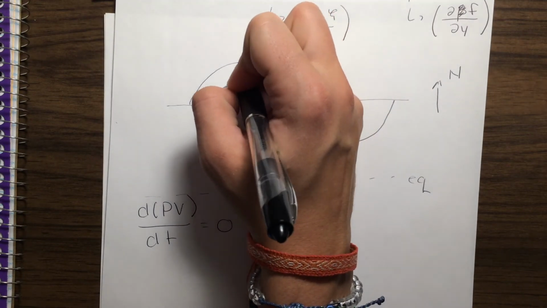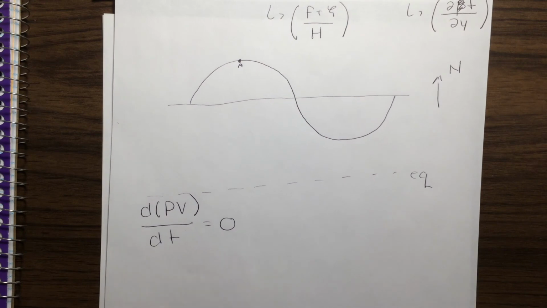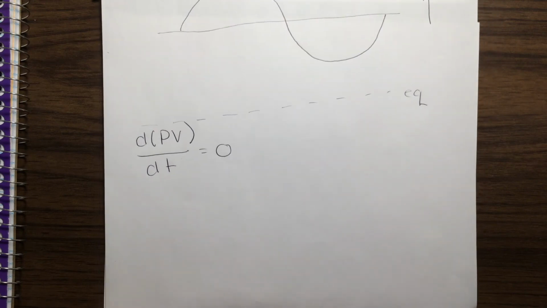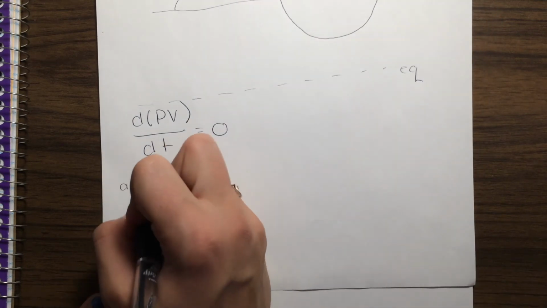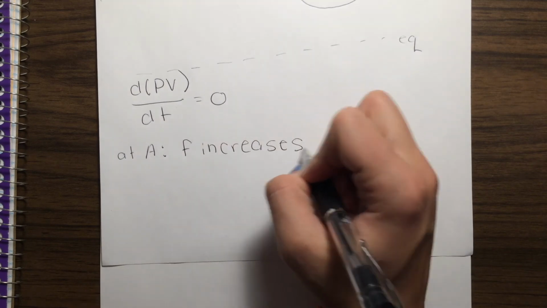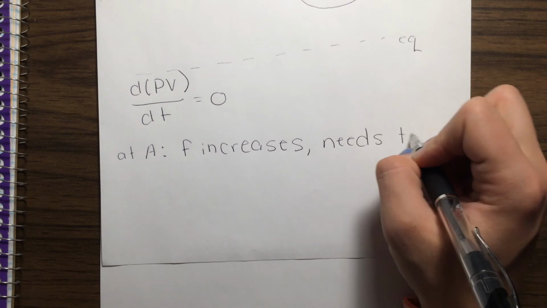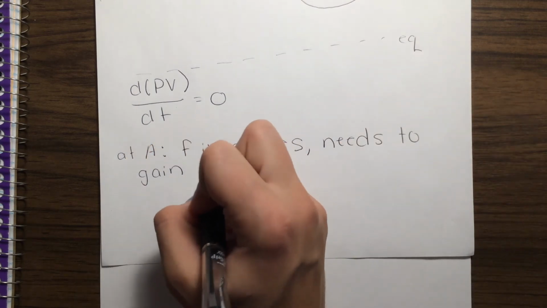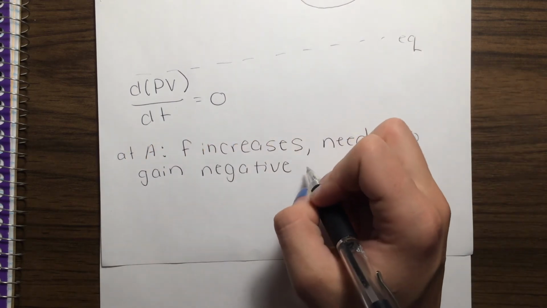So if we pick this point, we'll label it A, and as a result of the displacement, the latitude of the water parcel has increased. So f has increased. To conserve PV, the water parcel must gain negative relative vorticity.